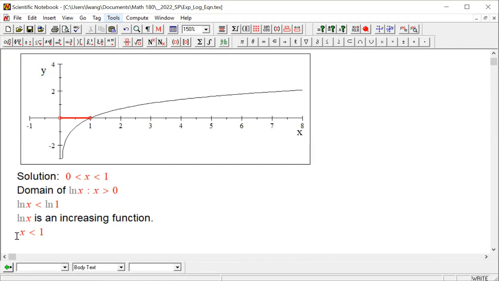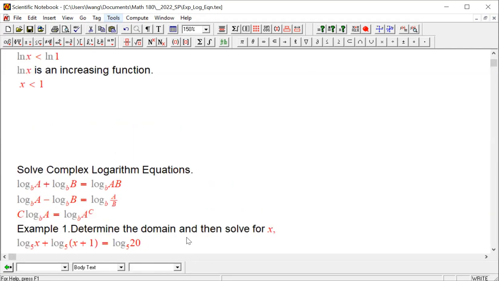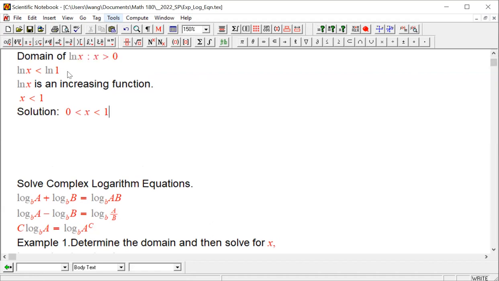So less than 1, algebraically, and the domain. So finally, we get the solution. Combine this information. So algebraically, we can do it. That's the solution.